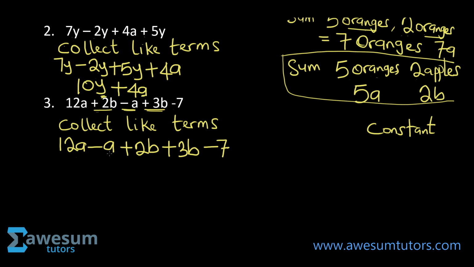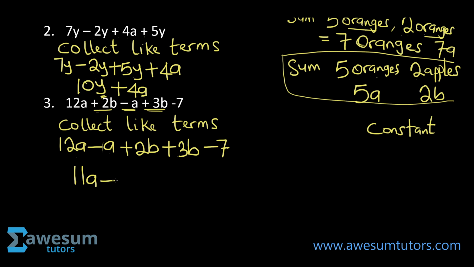12a minus a. Remember, a has an invisible 1 right here. So 12a minus 1a gives you 11a. 2b plus 3b will give you 5b.